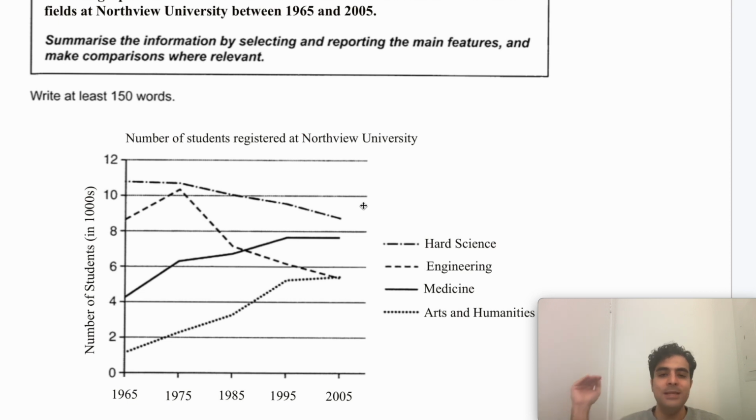So hard sciences is always number 1. That's important. That's a significant piece of information. They always ranked first. The same, but opposite, can be said about arts and humanities. From 1965 to 2005, every year, the number of arts and humanities students was lowest compared to the other ones.